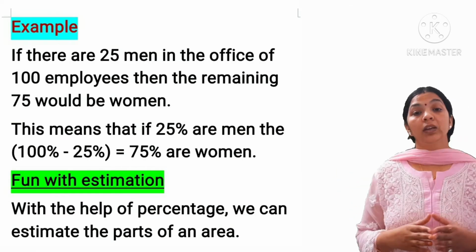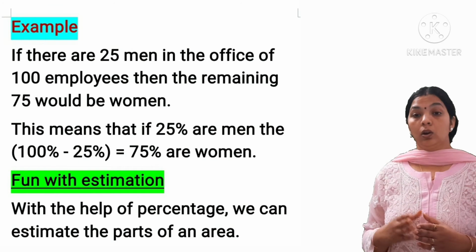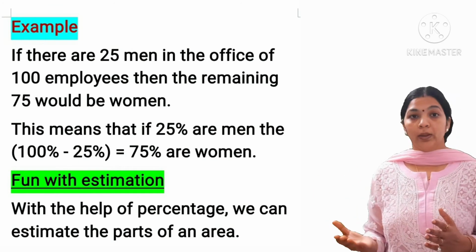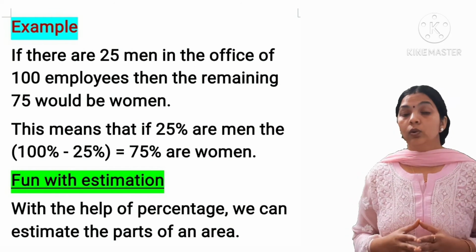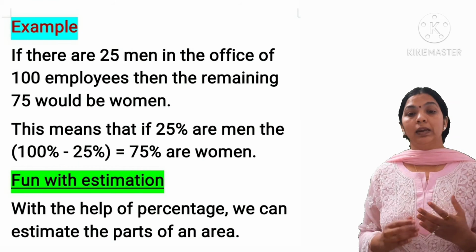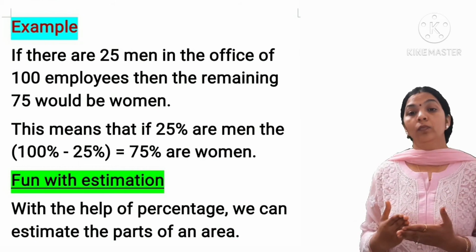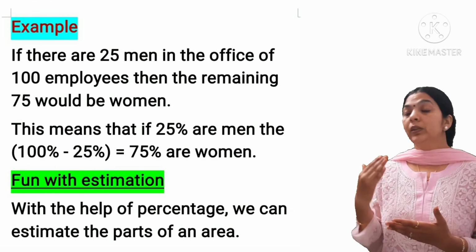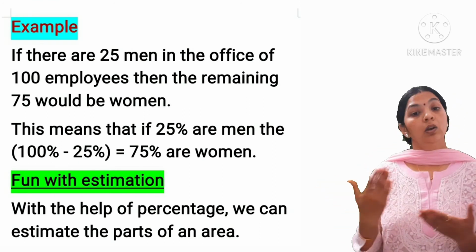For example, if there are 25 men in an office of 100 employees, then the remaining 75 would be women. That is obvious. So whenever the percentage is given, what does it mean? It means that if 25% are men, then 100 minus 25%, that is 75%, are women.